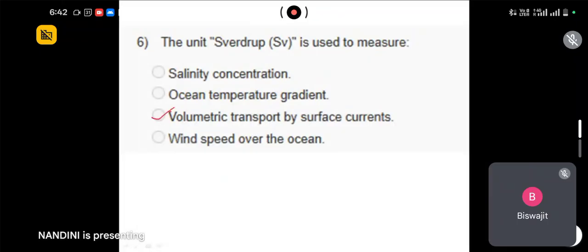So in Ekman transport, through surface current, this much volume of water is being transported. One Sverdrup is 10 raised to 6 meter cube per second. So this many meter cube of water is being transported per second. That's what it basically means.